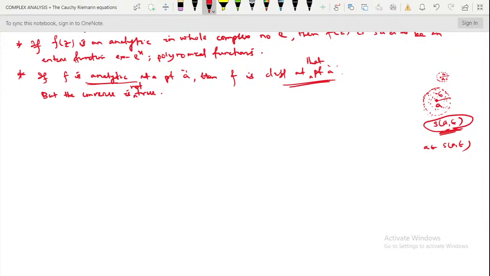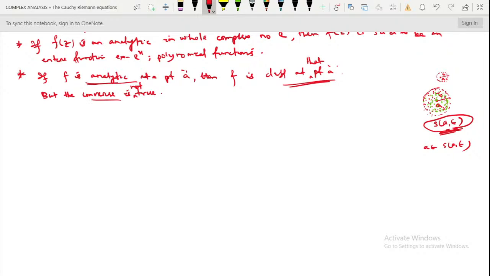Along with the center, it also needs to be differentiable at the points inside this open disk. Whatever points are present in this open disk, it also needs to be differentiable at those points. So you can say the converse is not true.